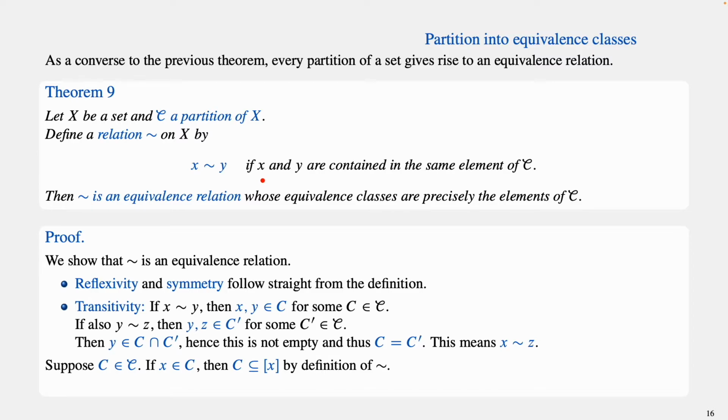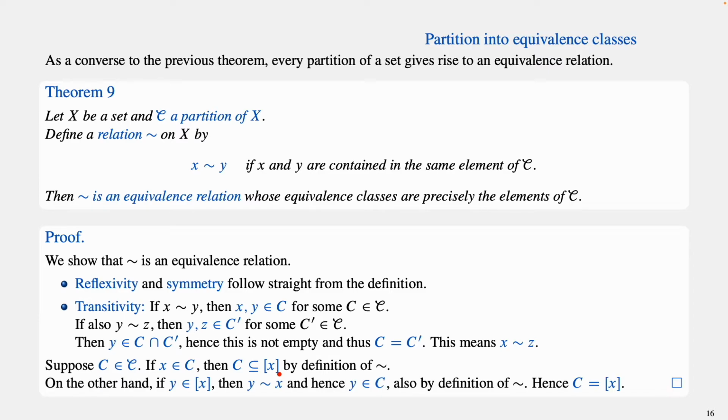Now, why is that? Because the elements of C are all contained in the same element as the one where x is contained, and that means they're all related to x. So they're all contained in the equivalence class of x.